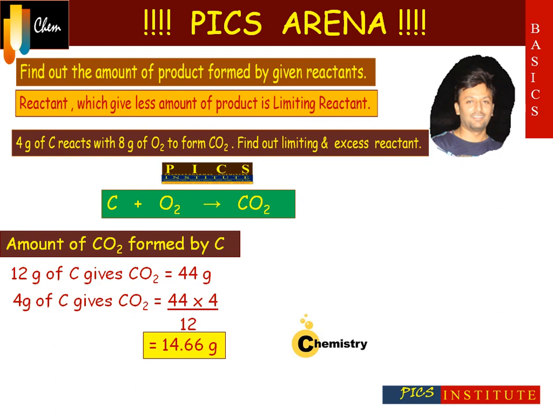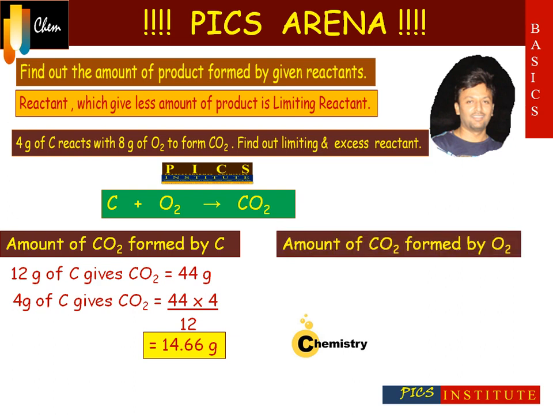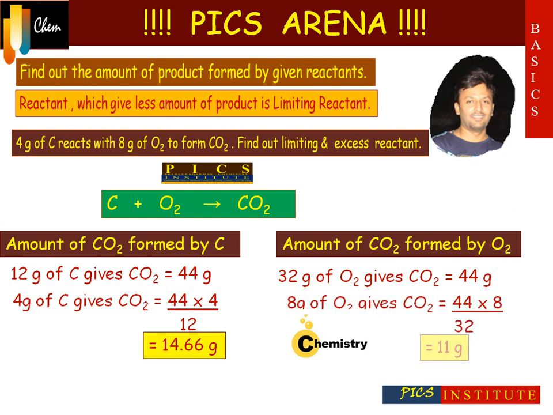Now let's find out the amount of CO2 formed by 8 gram of oxygen. From the chemical reaction we can see 32 gram of O2 gives you 44 gram of CO2. So 8 gram of O2 will give 11 gram of CO2.